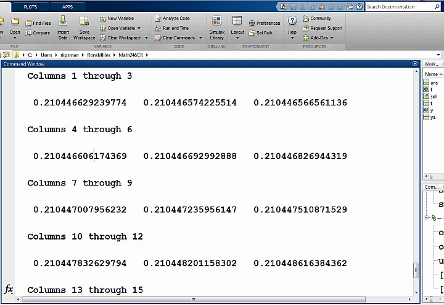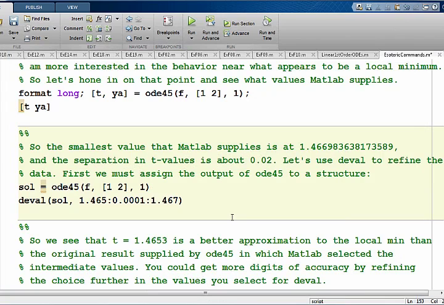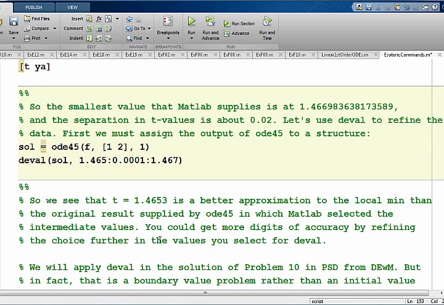And so, as we say here, remember here were the values, so it's between the third and fourth. So 1.4653 is a better approximation to the local min than the original result that was supplied by ODE45, in which MATLAB selected the intermediate values. You can get more digits of accuracy by refining the choice further in the values you select for deval.